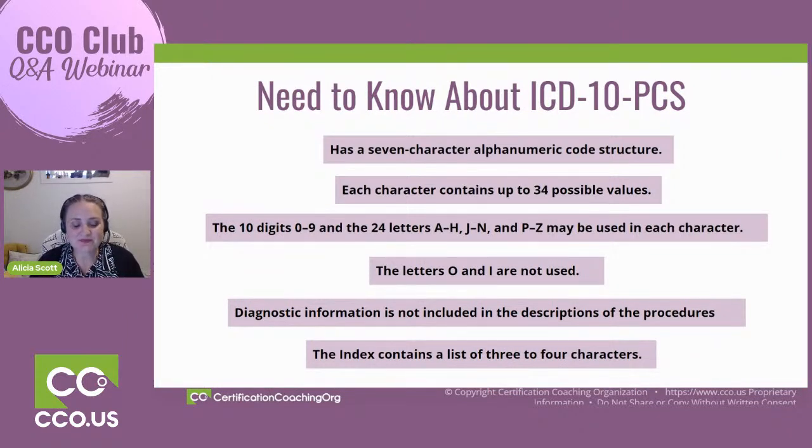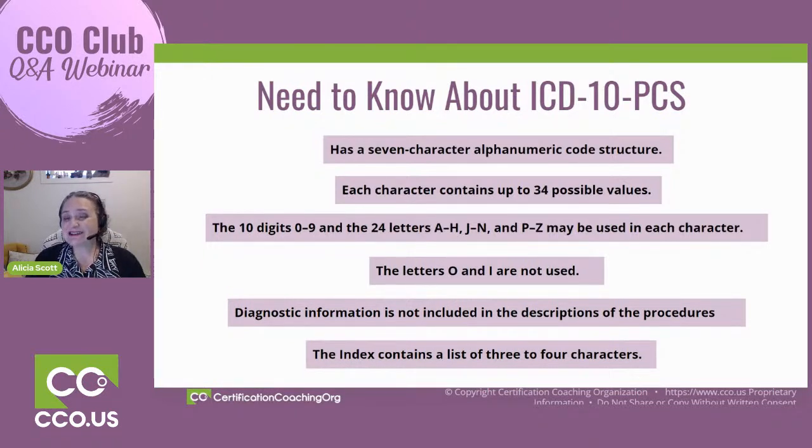One of the first things you need to know is that this code set is actually a 7 character code. Now, when we talk about ICD-10-CM, we know how many characters we can get into that code set, and that the characters start with the alphabet. It's alphanumeric.